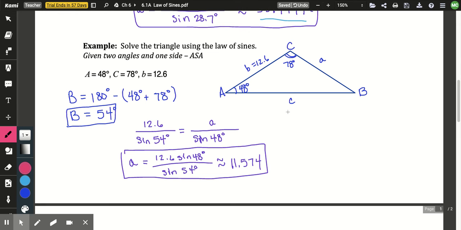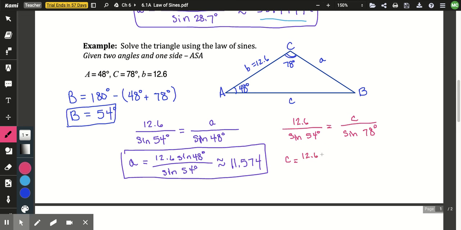So now I need the third one, which would be side C. So again, I'm going to start with 12.6 over sine of angle B, which we found was 54 degrees. That'll equal little c over sine of angle C, which is 78 degrees. And then again, to solve that, we'd multiply both sides by sine of 78 degrees.